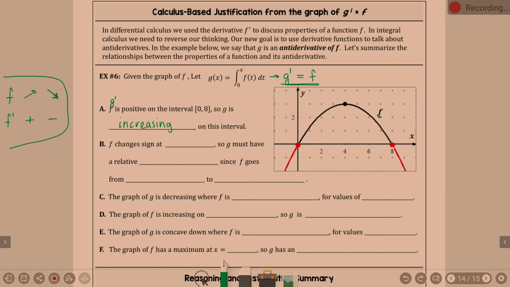So if the derivative is positive, then G is increasing. Yes, no? Can I make that connection okay? Yeah. Okay. F changes sign at blank.